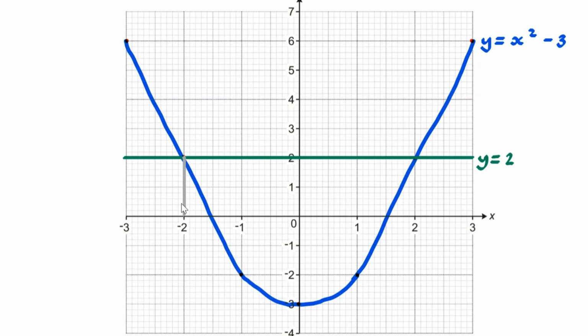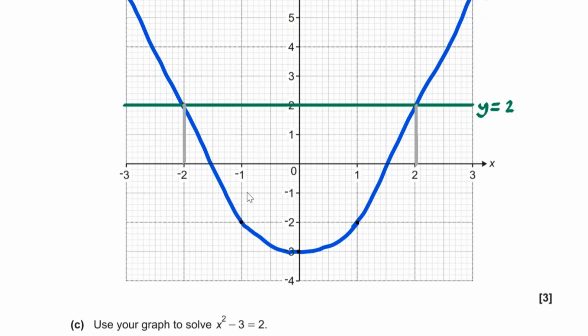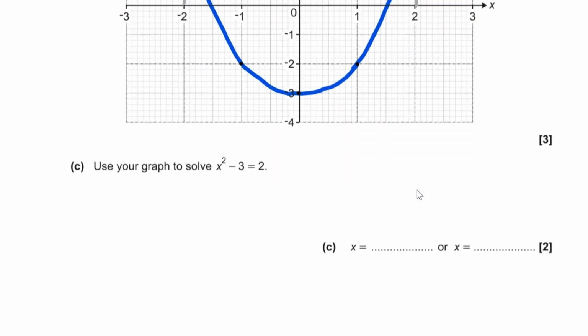So we've got a value here, and we've also got a value here. So we've got minus 2 and 2.